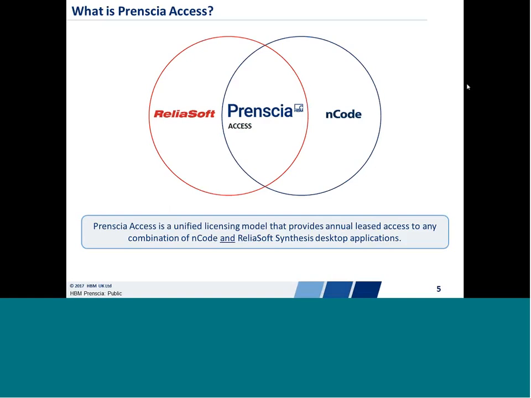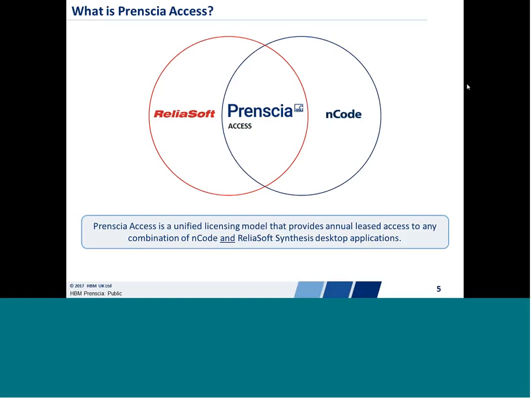The beauty of having access to Prenscia Access is that we can use a number of different software tools. As a matter of fact, the whole suite of tools that Prenscia provides for customers such as yourselves can then be accessed, allowing the use of reliability and DOE and vibration and fatigue and so on, test data processing tools, all in one common licensing app called Prenscia Access.